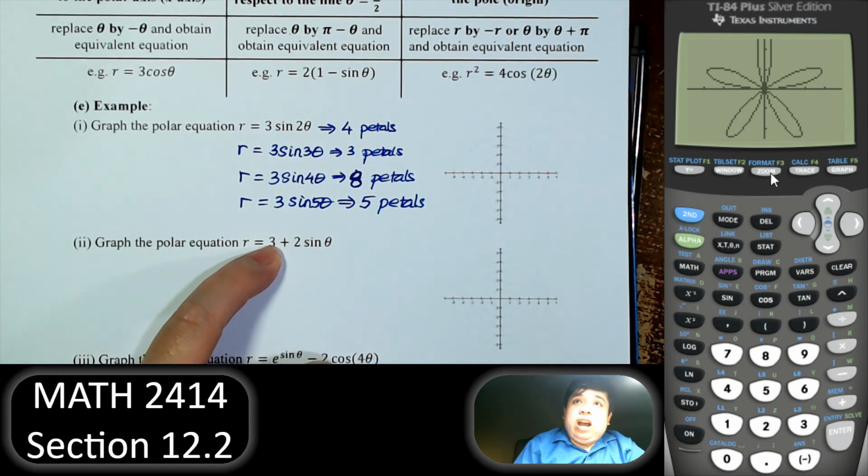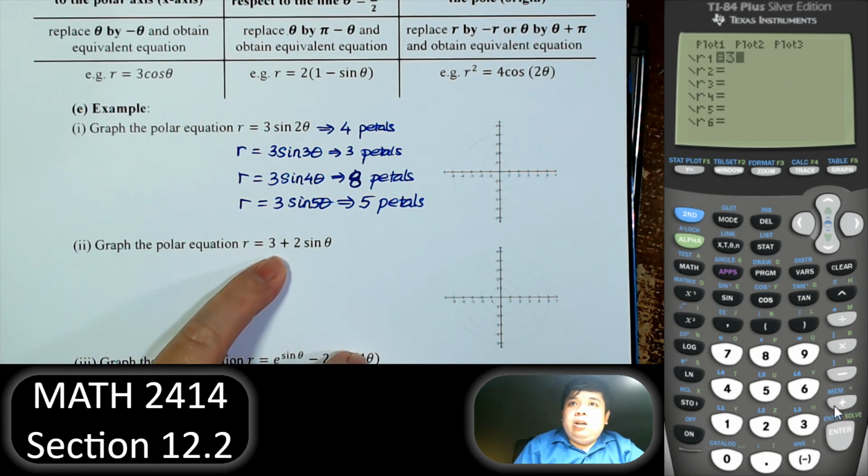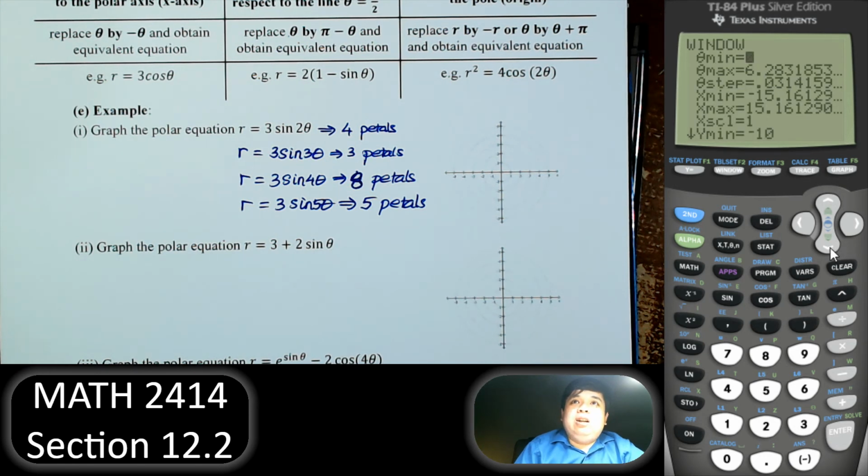Right. Next we have y equal to 3 plus 2 sine theta, and we zoom out. So this will be a cardioid. Not a cardioid, sorry. I don't even know the name for it, but of course I can check that. But let's change the windows.